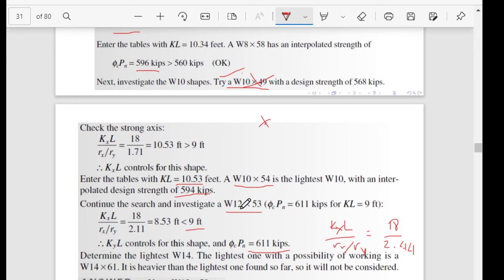Then, we have W12 by 53, which is also okay. Then, the last is W14 by 61. But comparing those shapes, the lightest is actually this W12 by 53, since 53 is pounds per foot, it is the smallest. The last is W14 by 61, which is bigger compared to 53.